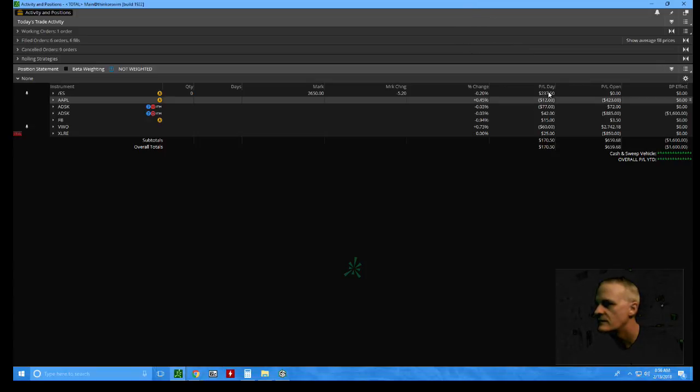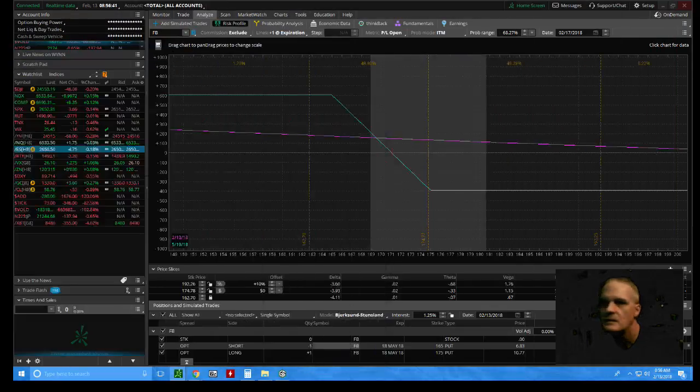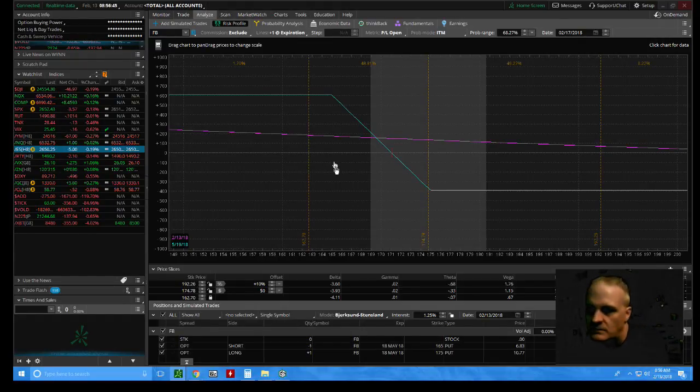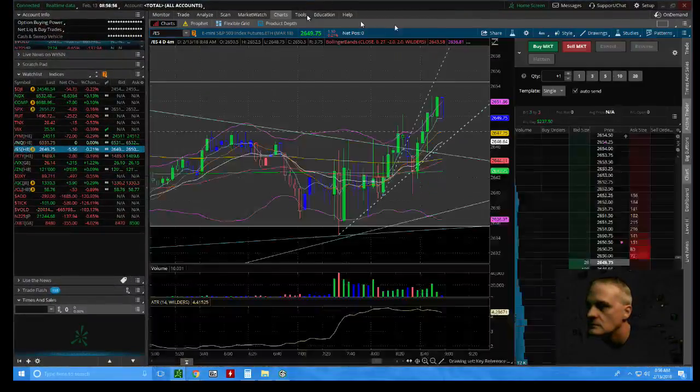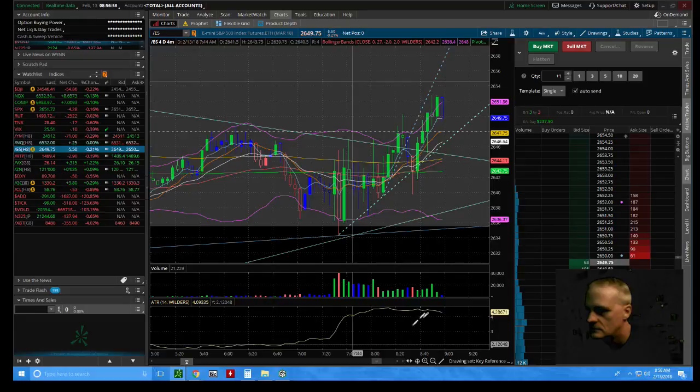And then of course we did 3 trades in the S&P futures that were profit of 125, 75, and 37.50. And average true range has kind of peaked out.